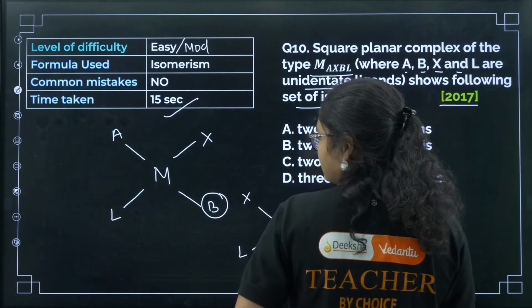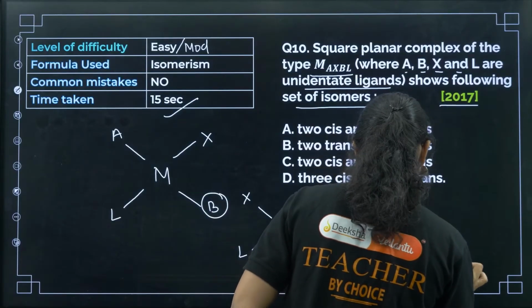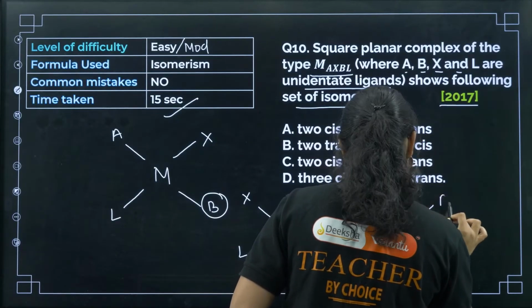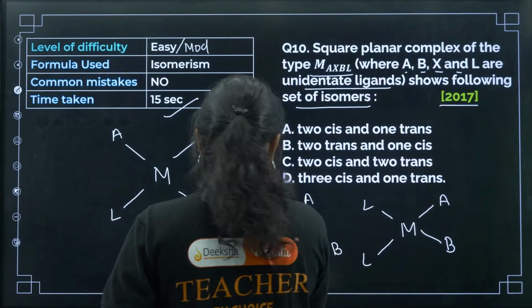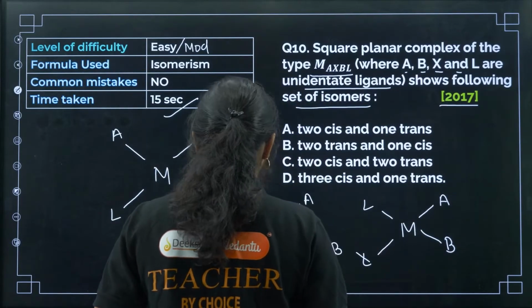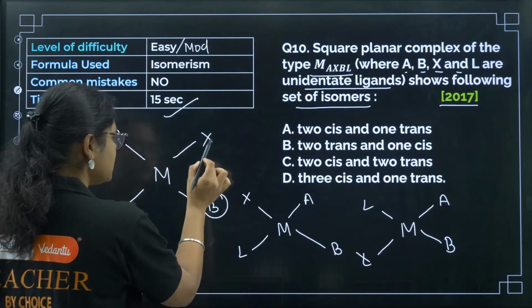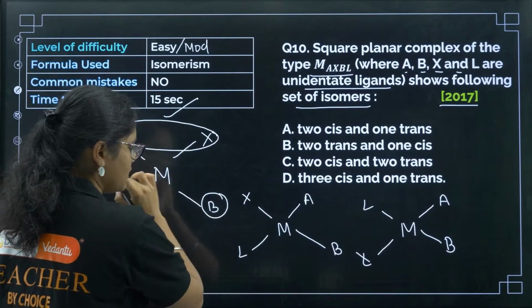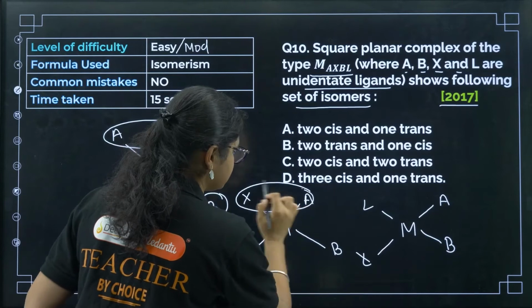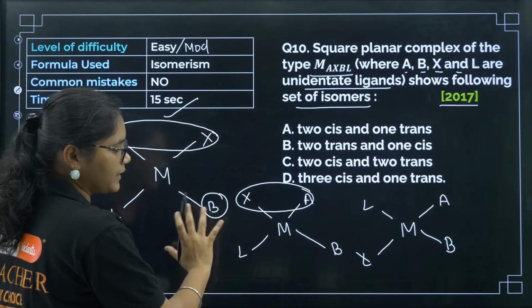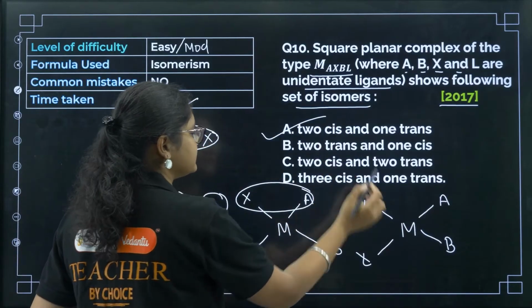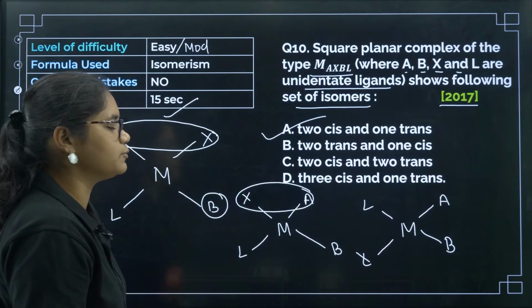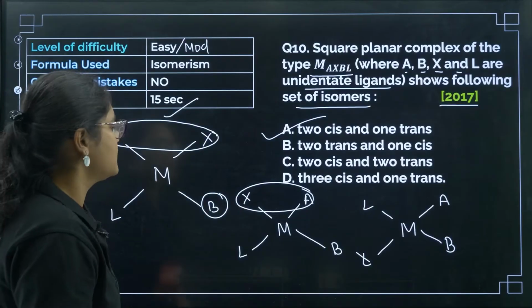And then we can draw it like this also, L is there and one more X, right? So what I'm saying here is, AX is cis here, again AX is cis here, so we got two cis types and we got one trans type. So we will get two cis and one trans, so that is option A, okay, fine.